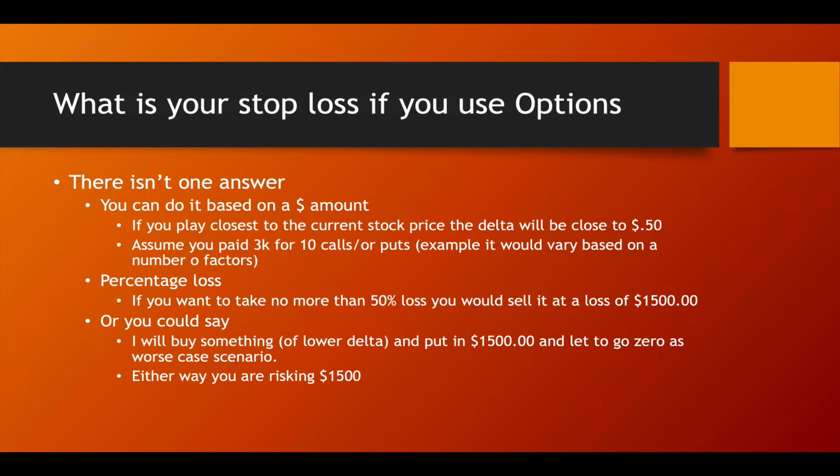Some people, when they use options, say, I'm going to put in the amount that I'm willing to lose. That's one way of doing it. I rarely play it like that because I most often end up taking options that have a delta of 50, and so I usually put a dollar amount that I'm willing to risk on that particular trade. So hopefully this helps you on how you can trade options.